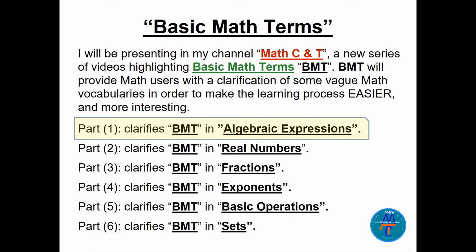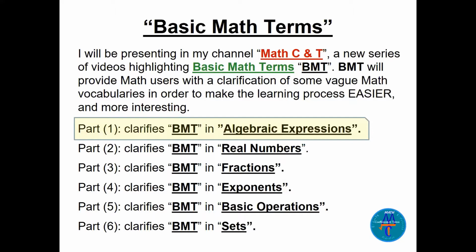BMT will provide math users with a clarification of some vague math vocabulary in order to make the learning process easier and more interesting. In simple words, I'm hoping I can make math terms easier to understand and to apply. I have many videos here.